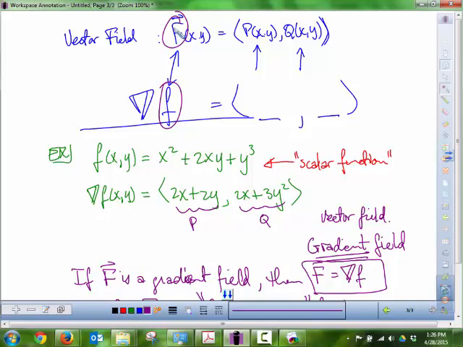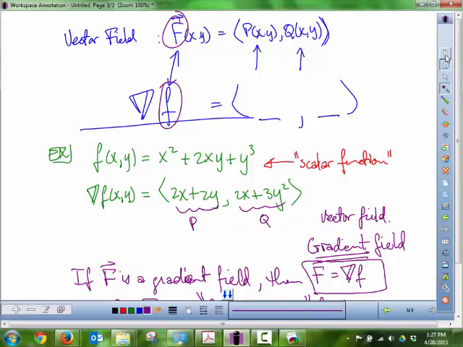But first, back to Brian. Brian said something. He said this could be that, but not that. Yeah. So I think what you're trying to say there, if I may put words into your mouth, is that a gradient field is a vector field, but if you have a vector field, it may not necessarily be a gradient field.